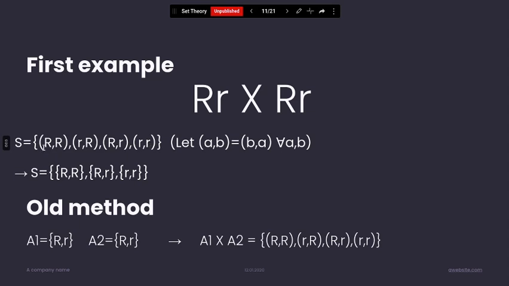The first element of the pair represents the father or the first parent, and the second element represents the second parent or the mother. So that's if you want to find all the possible combinations. However, if you only want to find the distinct or unique combinations, we're going to assume that the ordered pair AB equals the ordered pair BA for all A and B. If you recall from previous classes in set theory, we said that the only difference between a doubleton, or a class of 2 elements, and an ordered pair is that they are ordered.